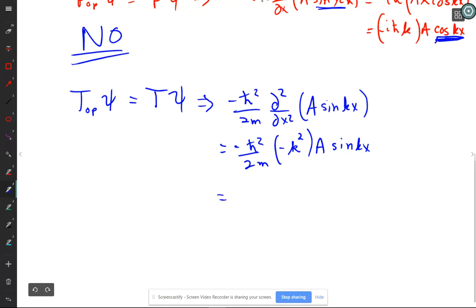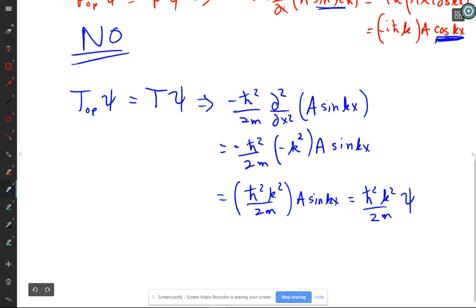So now if we combine the terms out front, minus times a minus is a plus, h bar squared k squared over 2m. And so now we see this one here, the wave function is a function of the operator.